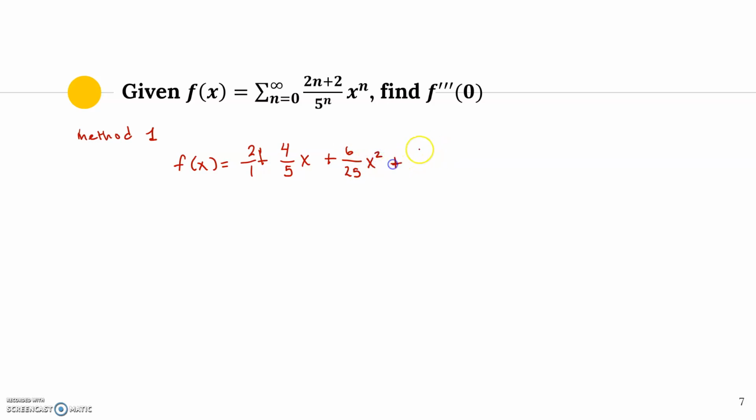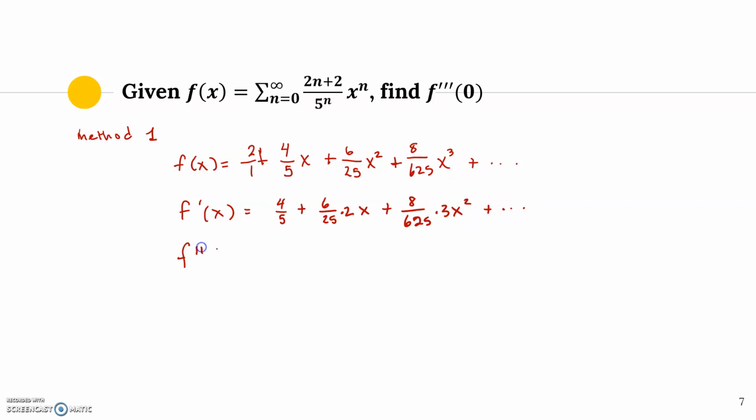Then if I take my third term, n is equal to 3, which would be x to the third, 368 over 625, etc., right? If I take the first derivative of that, I get 4 fifths plus 6/25 times 2x plus 8 times 620 over 625 times 3x squared, etc.